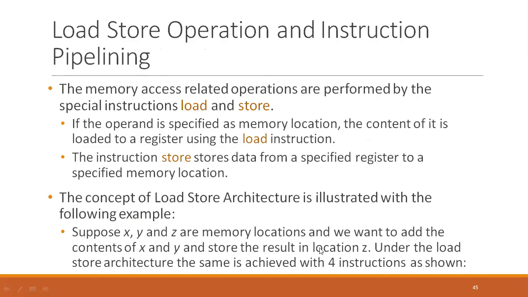The problem definition here is that we want to load the value of X into one register, and Y into another register. The contents of those two registers have to be added, and whatever the result you have will be stored in another register, and the contents of that will be stored into a memory location. That is the meaning here.